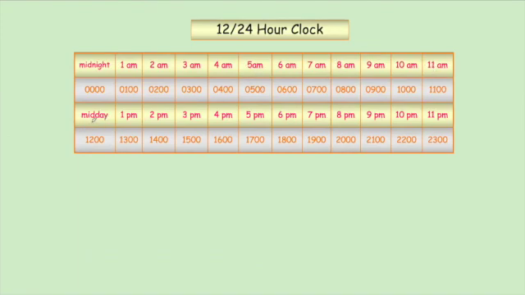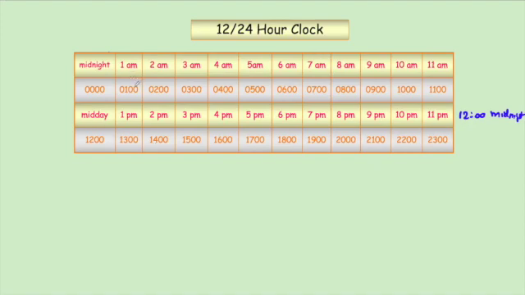Midday is 12:00 p.m. in 12-hour format, and it is the same as 12. After 12 o'clock, when we reach 1, because it is PM, we need to add 12. 1 plus 12 is 13. 2 plus 12 is 14, and we continue. 10 plus 12 is 22. 11 plus 12 is 23. And when we reach 12 midnight, we can continue the cycle again.